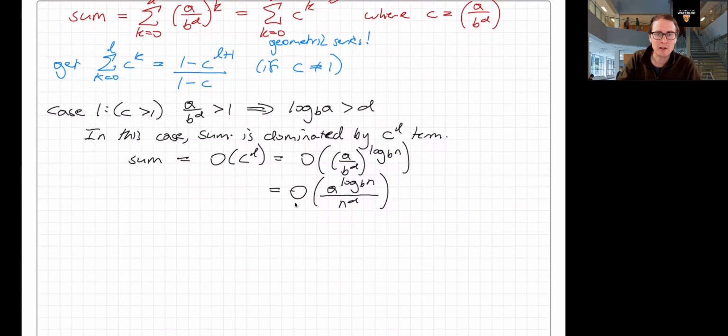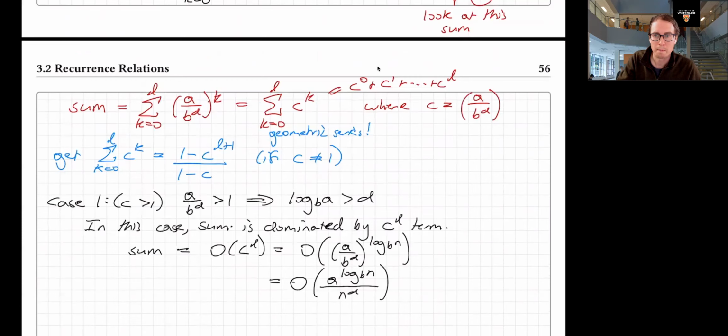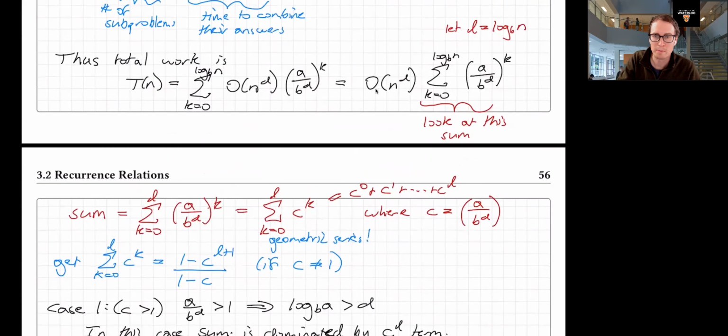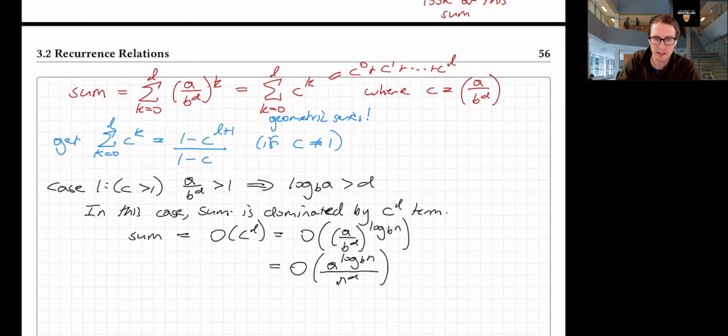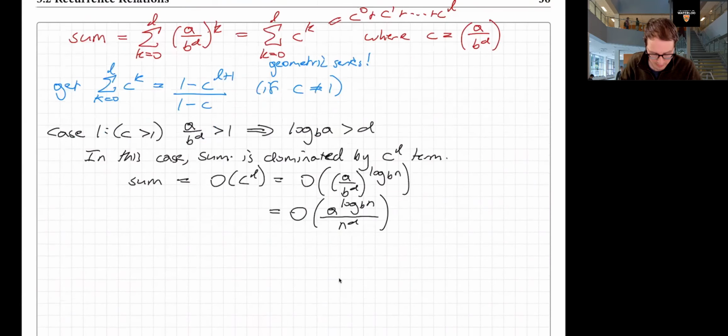And then if I look, this is the sum. That's this term here. That sum multiplies big O N to the D. So the big O N to the D here cancels out the N to the D in the denominator.